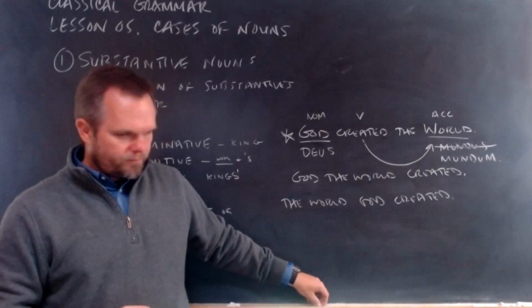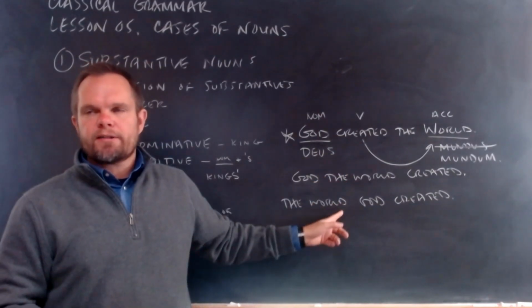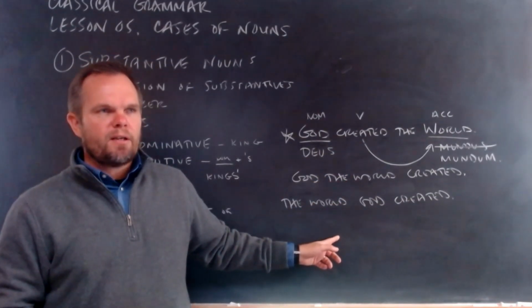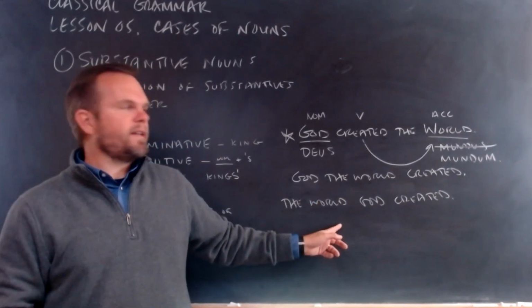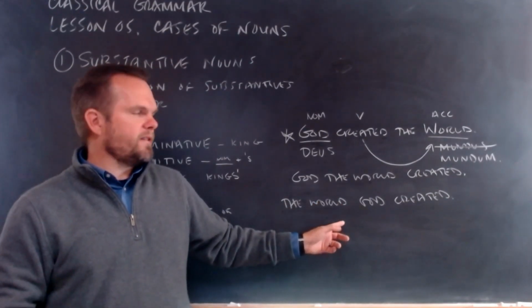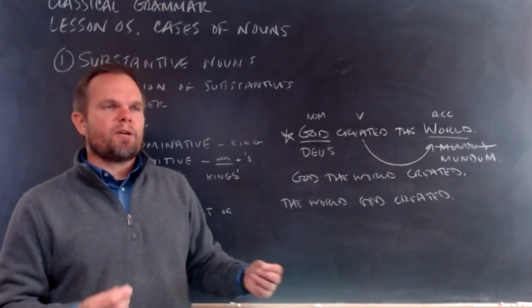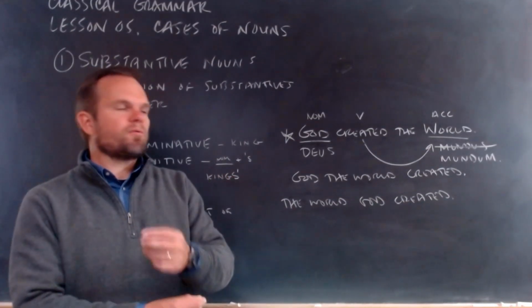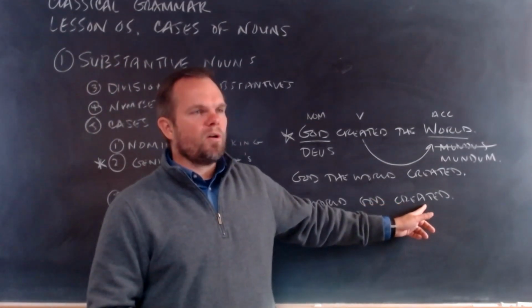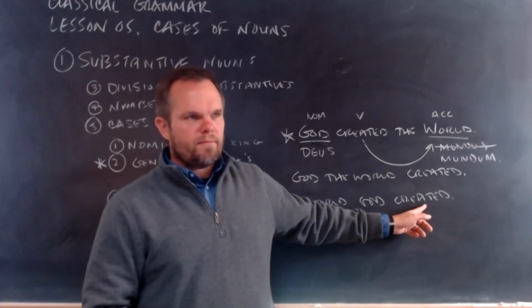Okay? So all three of these are acceptable English sentences, and there may be times in your writing where one of these is better than the other. For example, if you're writing poetry and you're trying to rhyme the ends of lines, moving words around allows you to get a certain word at the end of the line and use it to rhyme. You understand that?